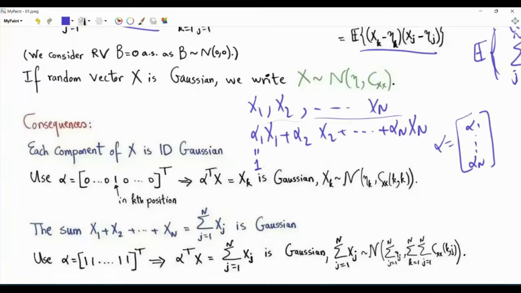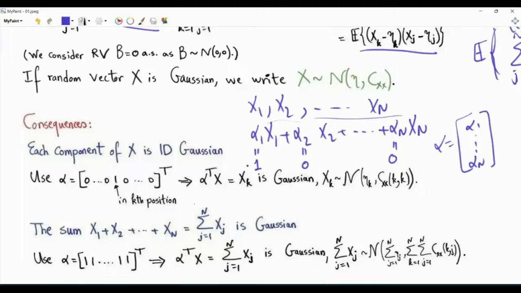If we choose alpha 1 to be 1, alpha 2 to be 0, and all the other alphas to be 0, this is a choice for alphas. Regardless, it must be the case that for this choice also, this random variable is Gaussian. And for this particular choice, what is the weighted sum? It is simply x1. So for this particular choice of the alphas, the sum is Gaussian and the sum is x1. So x1 is Gaussian.